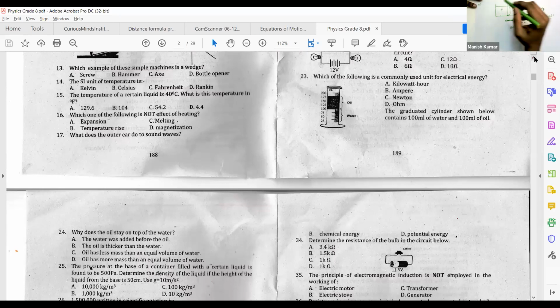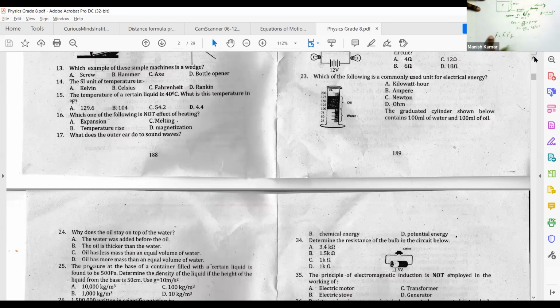So let me revise the concept. The pressure is given by H. When you have a liquid column, it is given by H into rho into G. Now you know the pressure already, 500 pascals. You know the height, 50 centimeter, which in meters would be 50 by 100.